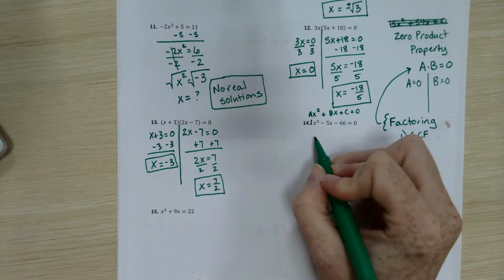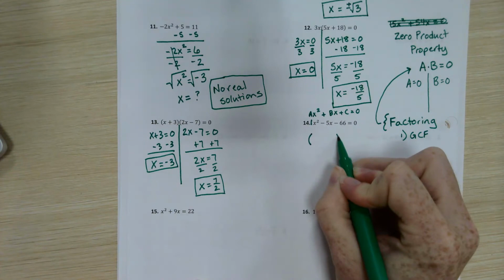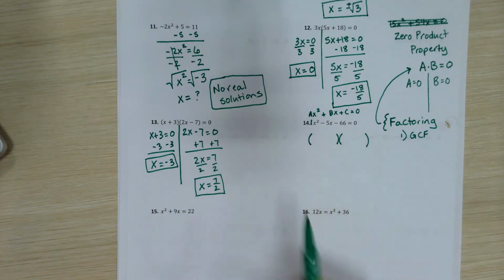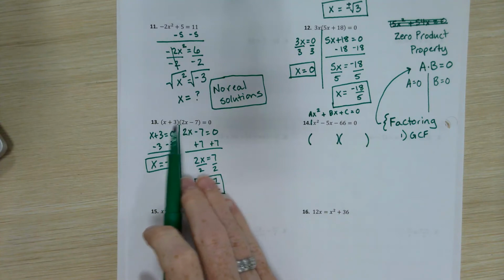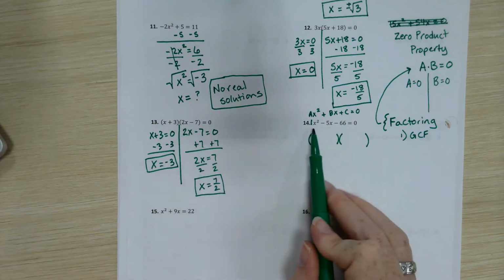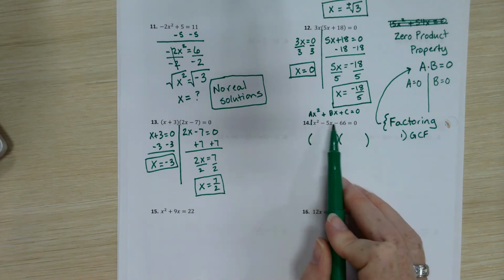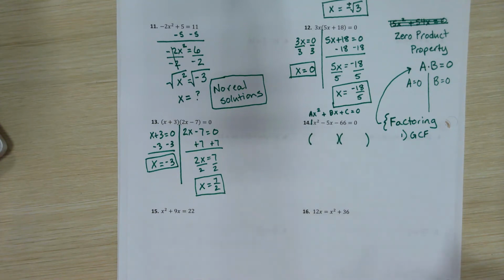So what we're going to end up doing is setting up two binomials like we had in number 13. We just need to make sure that if those binomials are multiplied together, they're going to create this trinomial, 1x squared minus 5x minus 66. And the way that we do that is by thinking about numbers that will create certain combinations.